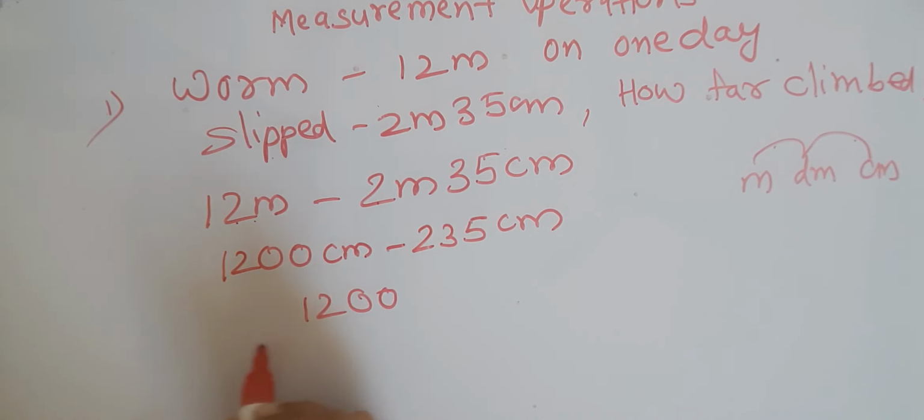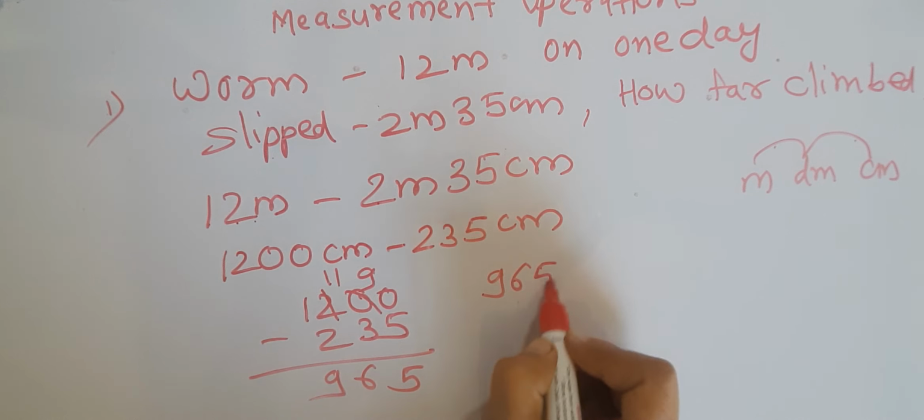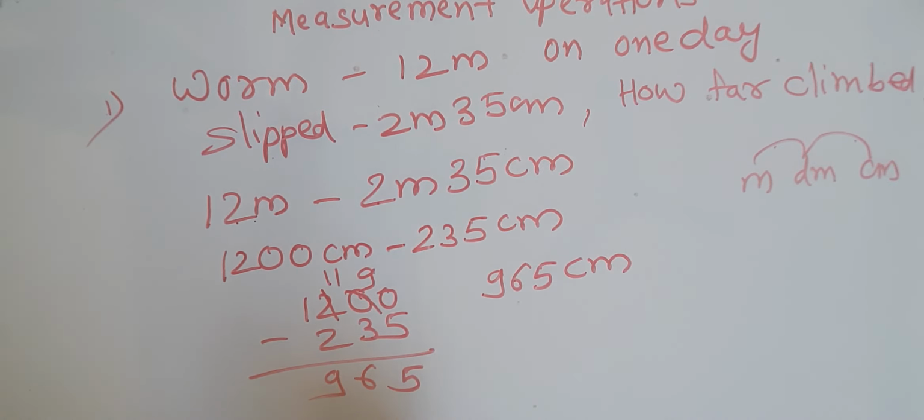Perform 1200 minus 235, that will give us 965. This is 965 centimeter, but we always write our answer in a proper format.